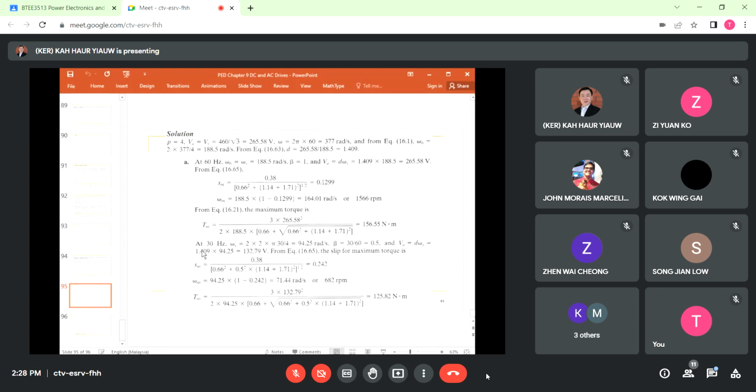At 30 Hz, omega s is equal to 94.25 radian per second and beta is equal to 0.5. VA is then equal to 132.79. From equation 65, the slip for maximum torque Sm is now equal to 0.242. Omega m is equal to 682 rpm and Tm is equal to 125.82 Newton meter.